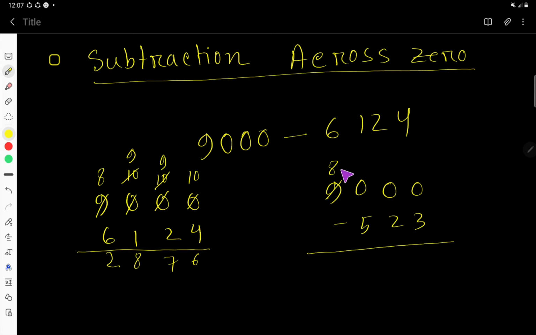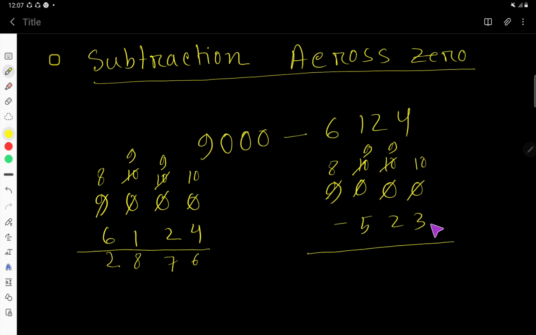That is, you are borrowing 1000. 1000 becomes 10 hundreds, right? 10 hundreds, and you put 1 here. Then borrow 1 here and put it here, that is here 10 tens. Then borrow 1 from here and put it here, so 1 tens will be 10 ones, right?